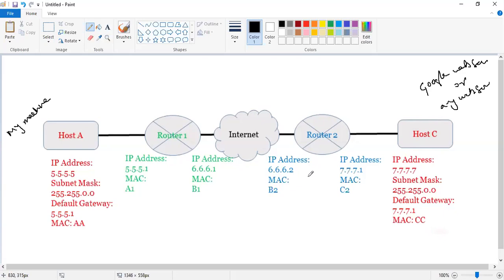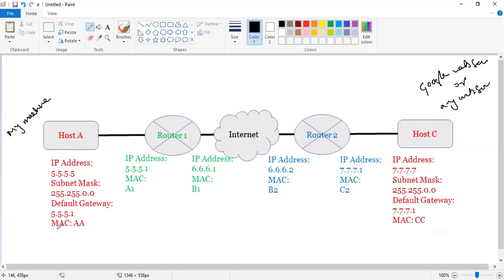As I said, there are two parts of identification. One is the physical address, that is the MAC address. If you see each and every machine in this particular topology that I have given, right from host A to C, every machine has its own MAC address.